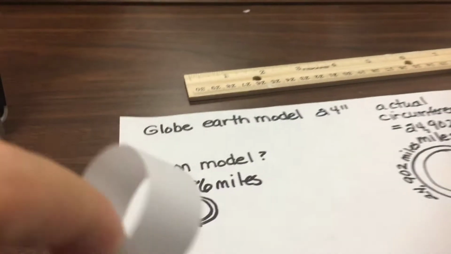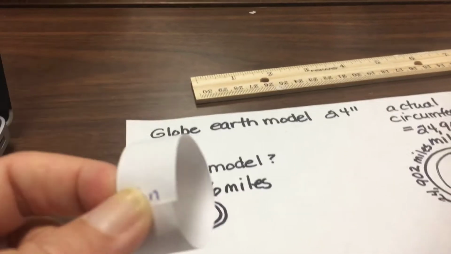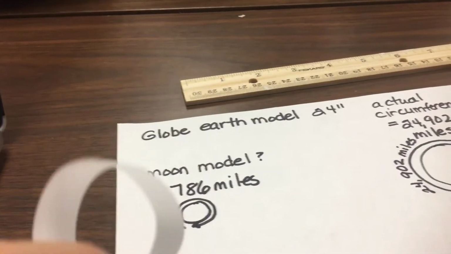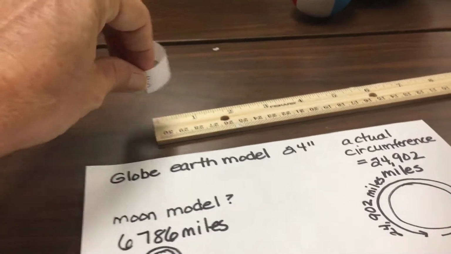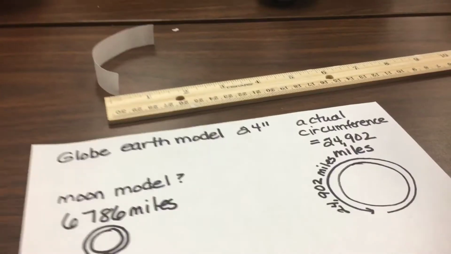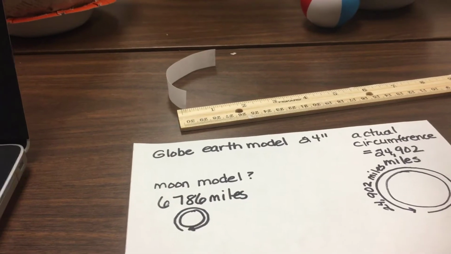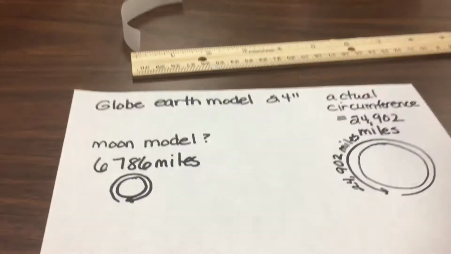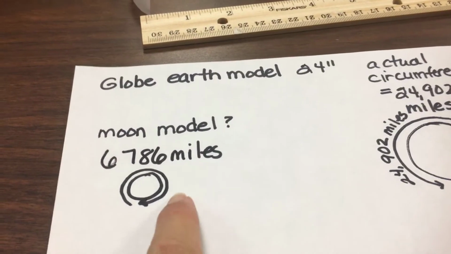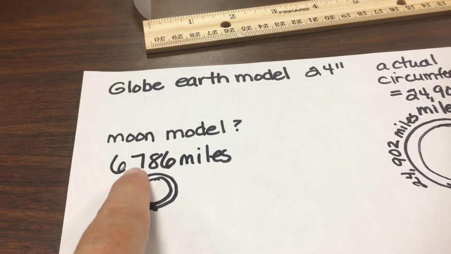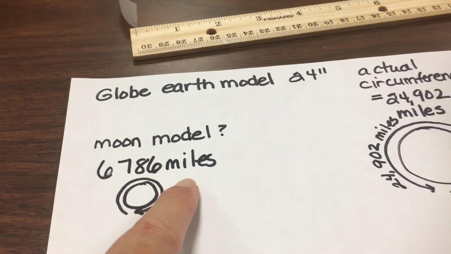The reason why it's not this small is because this is a linear measurement, but mass is not a linear measurement. So if we want to see how far it is around the moon, we need to look at the number of miles around the moon, and that's 6,786 miles.